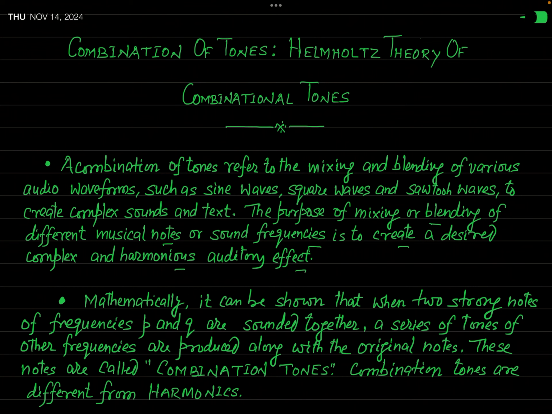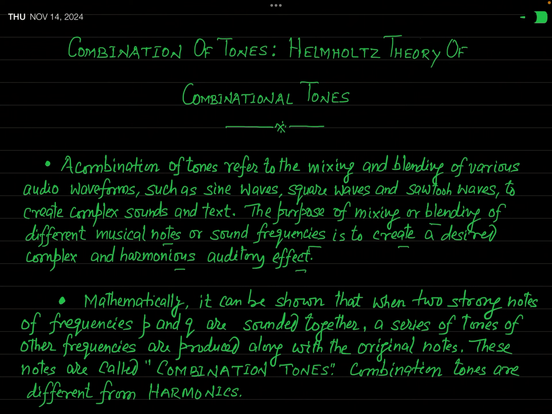In fact, in musical instrumentation theory, tones are often referred to as specific pitches or musical notes. The way these tones are combined can vary greatly, resulting in different elements of musical instruments and styles. In fact, there are so many ways by which the tones are combined to produce the desired and pleasant musical auditory effect.